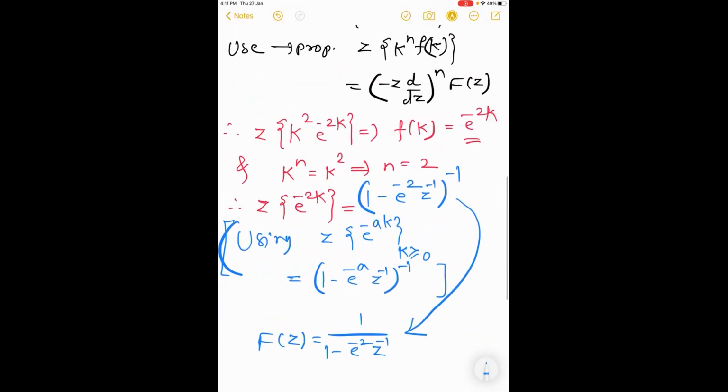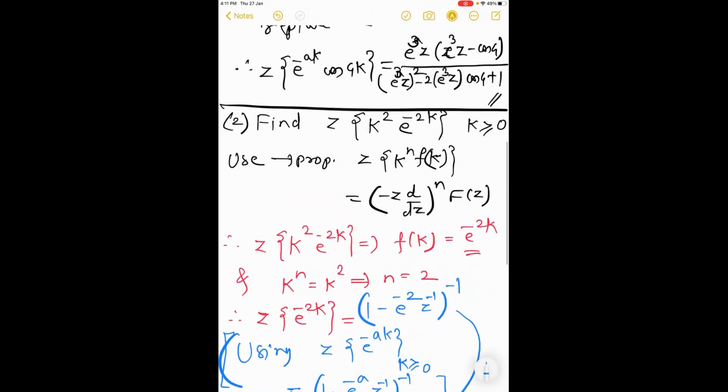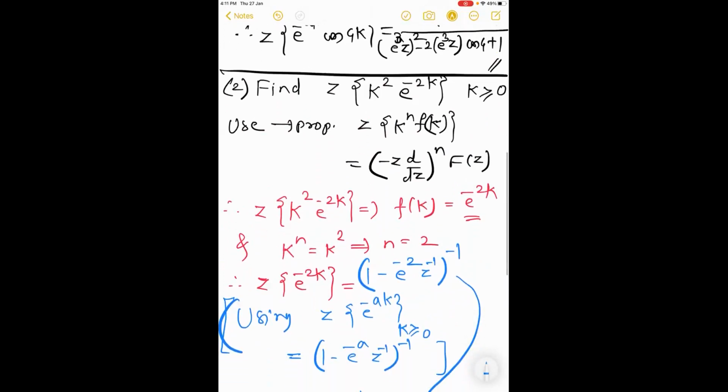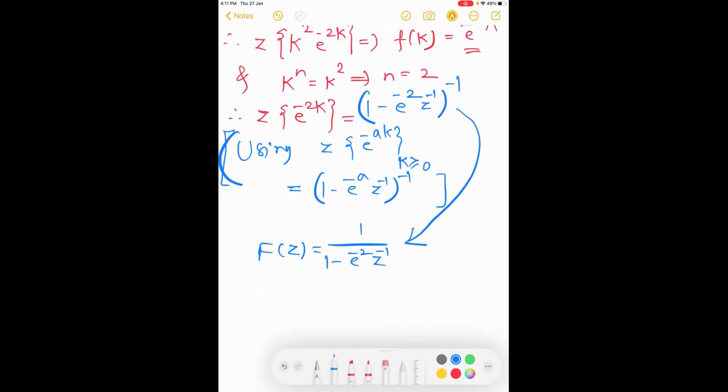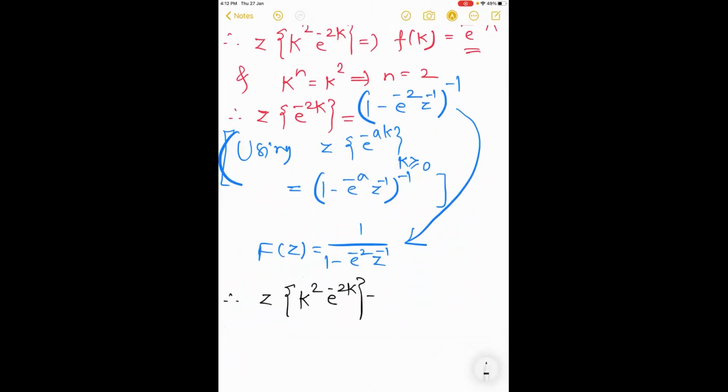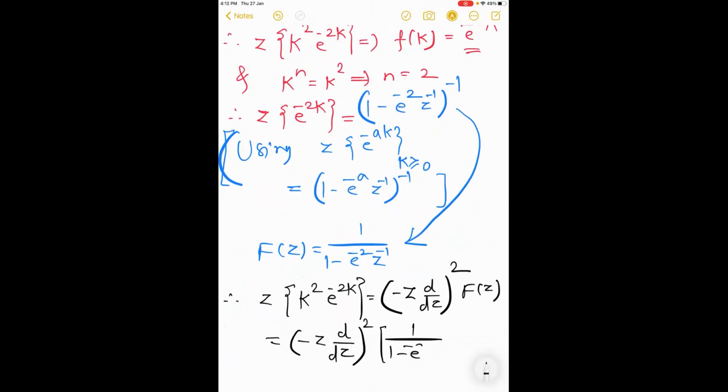What you have to do is just differentiate that term, and because it is multiplied with k square, the Z transform of k square into e raised to minus 2k means minus z d by dz twice of F(Z). That means you will put minus z d by dz square of 1 upon 1 minus e raised to minus 2 z raised to minus 1.